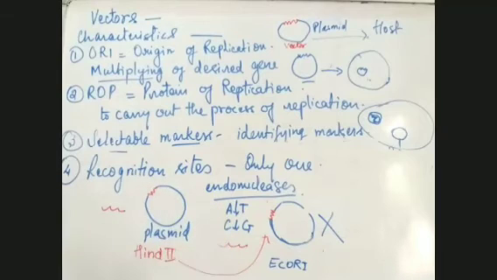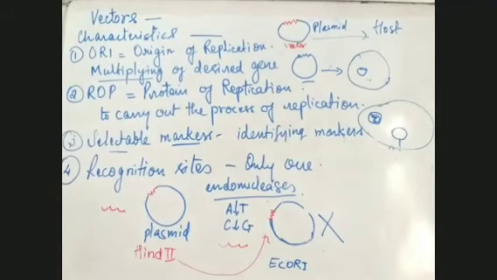Suppose HindII cuts only between A and T, or EcoRI cuts only between C and G. These are specific sites where they can make a cut. And if there is more than one recognition site, the plasmid, which is a vector to carry a desired gene into the host, will break into fragments. So one recognition site should be there.